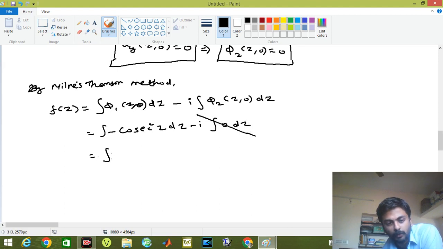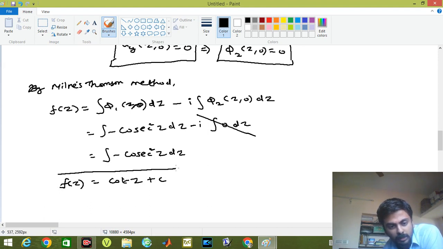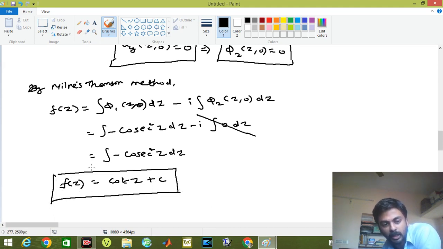We will have integral minus cosecant square z dz, which is equal to cot z plus c. Therefore this is our analytic function, f of z equal to cot z plus c, because on integrating cosecant square z we will get cot z, and on differentiating cot z we will get minus cosecant square z. So this is our required analytic function.